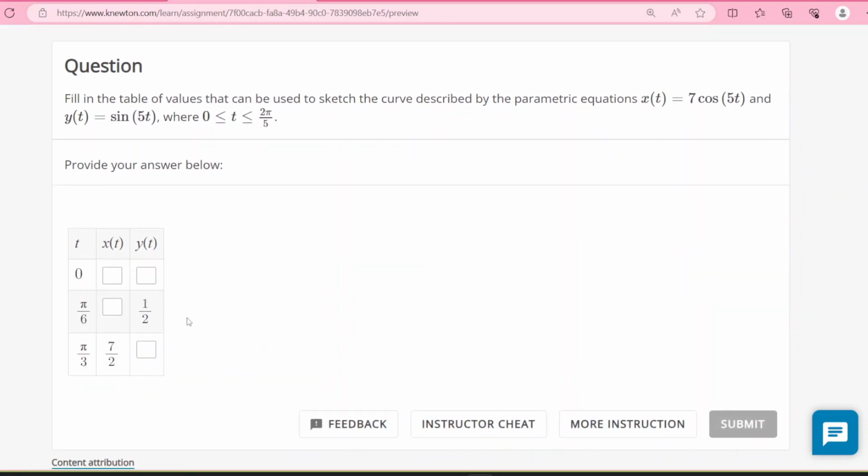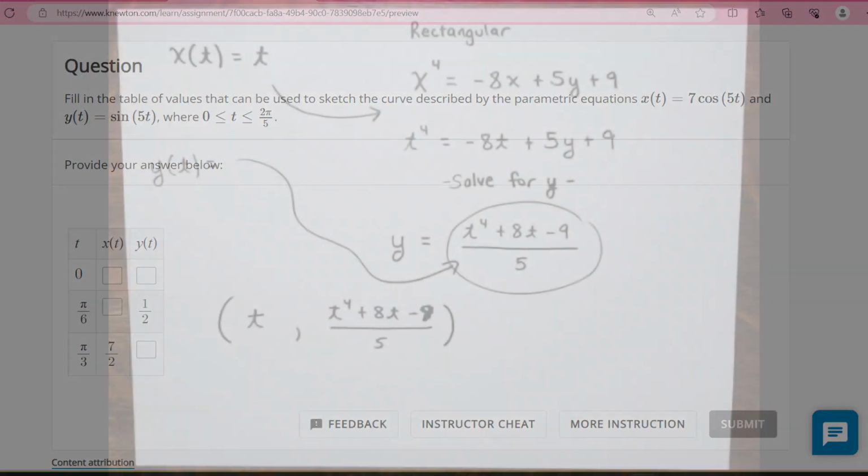Now there's obviously other values we could plot, but let's take a look.